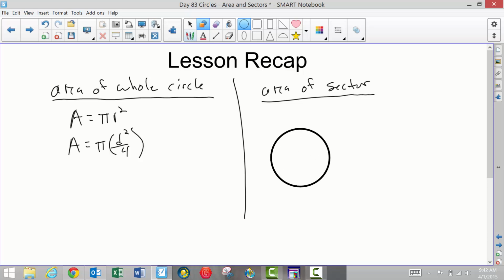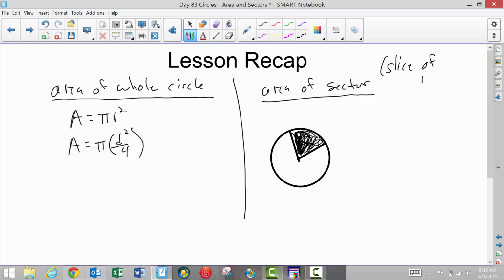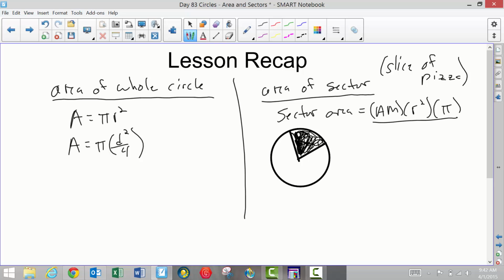If I have a circle and I want this shaded part, the shaded pizza slice, that's the area of a sector. Think of it as a slice of pizza. So sector area equals your arc measure times your radius squared times pi over 360.